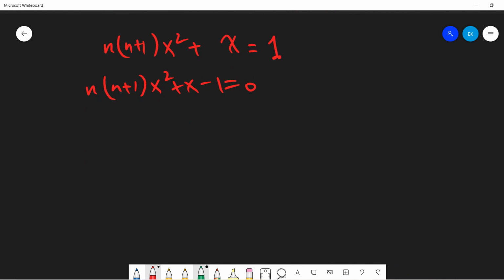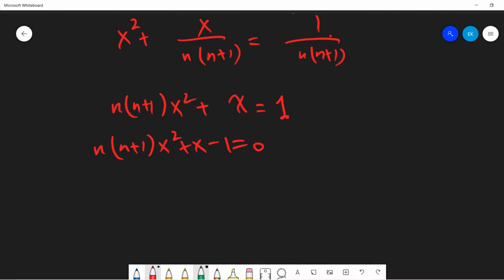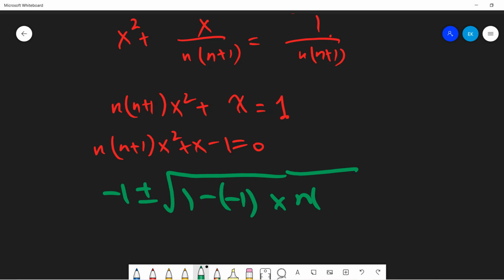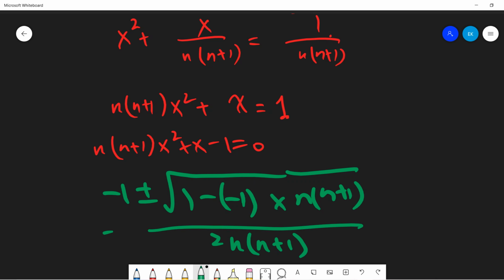You have many ways to solve it, right? But one is to just use the formula. So x equals minus 1 plus or minus the square root of 1 plus 4 times n plus 1, all divided by 2n plus 1, which is our answer x.